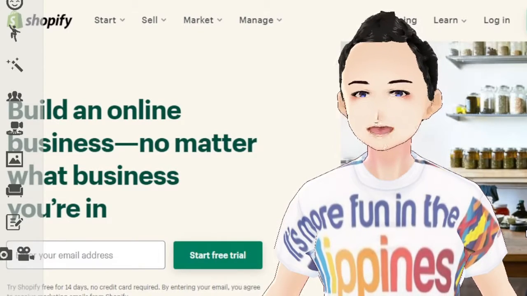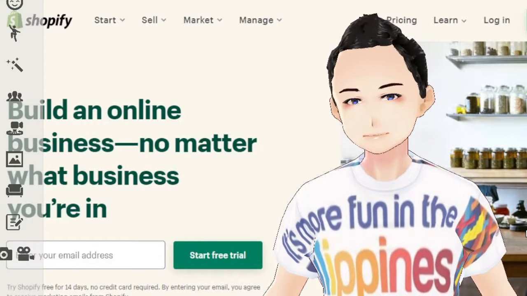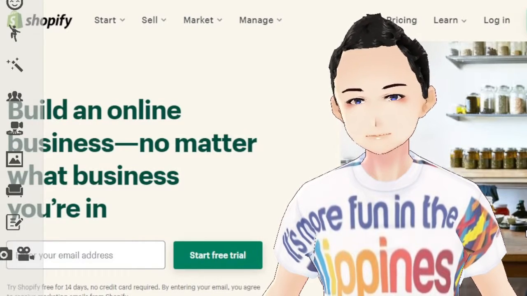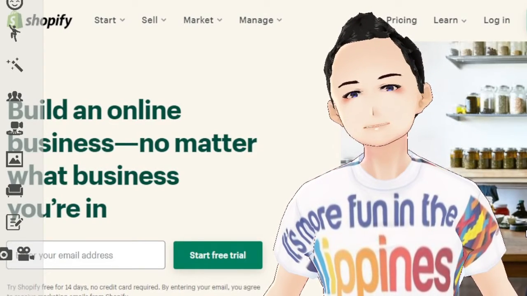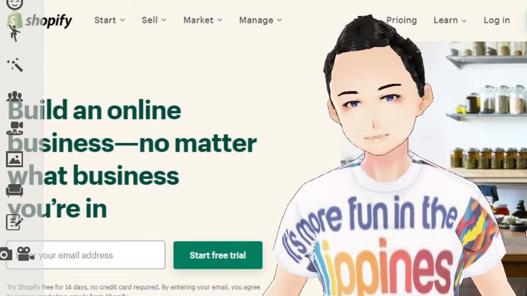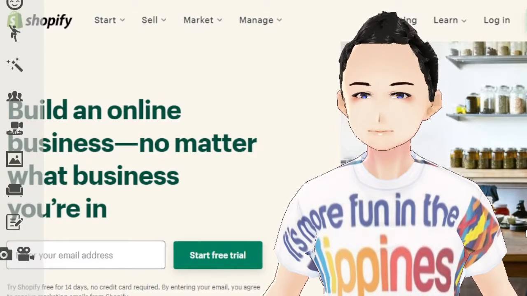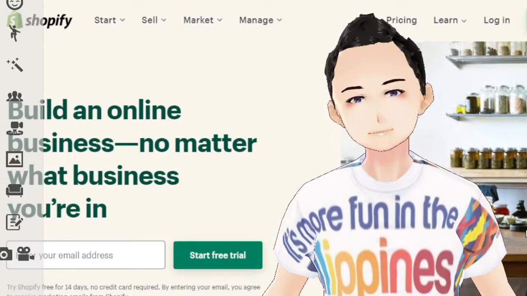So it's important that if you're a brick and mortar or you're just a young entrepreneur, you need to have an e-commerce store. And they're relatively cheap. Like this one, Shopify, you can have a decent one for around 30 USD per month. That's pretty good. It's not so expensive.